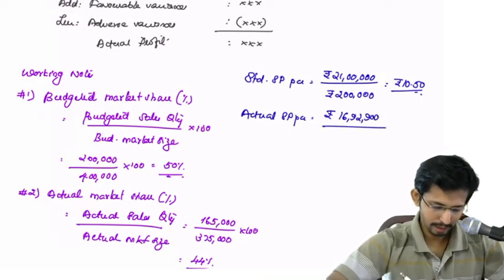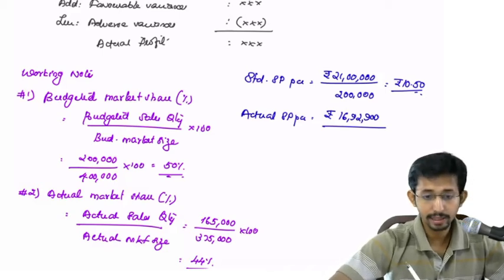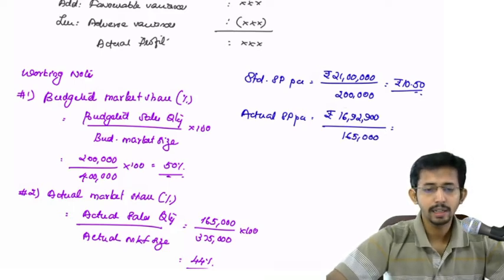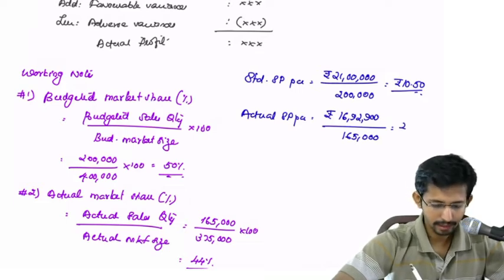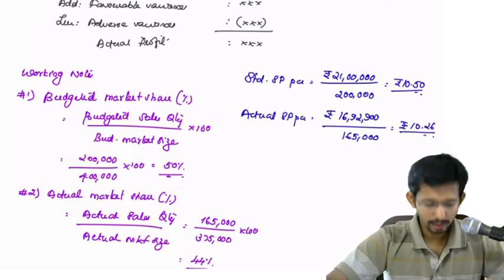One small mistake here, you don't require the rupee sign. So that will give you the price per unit. It is 10.26 per unit.